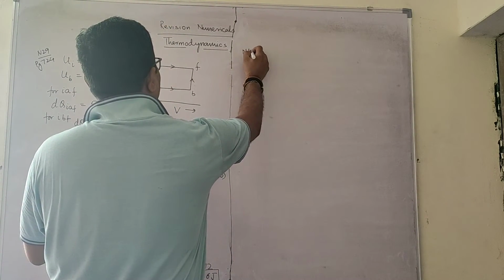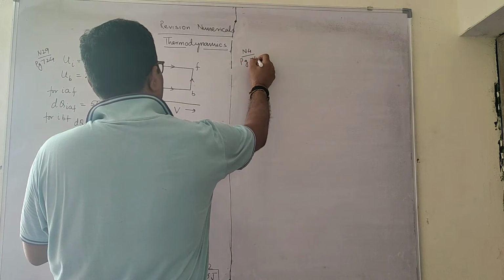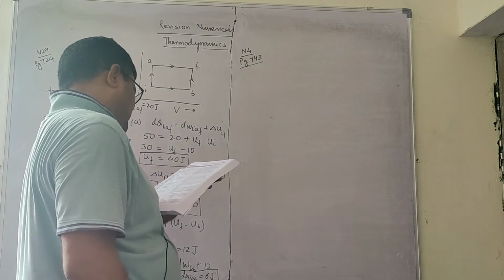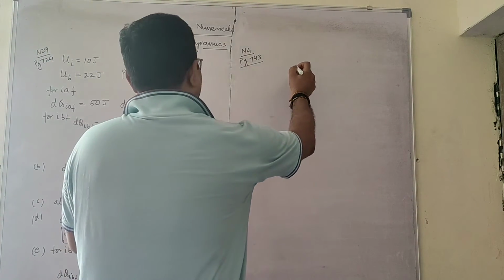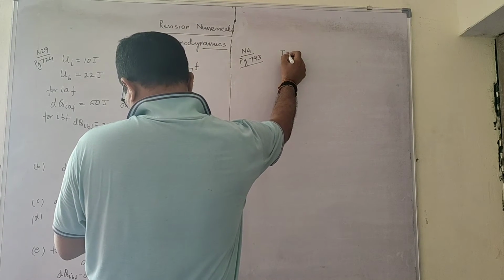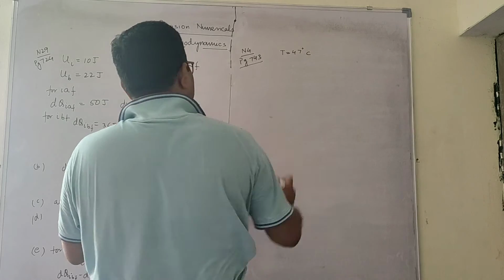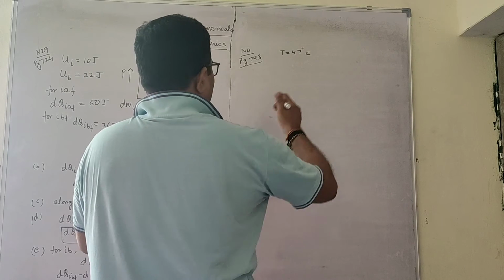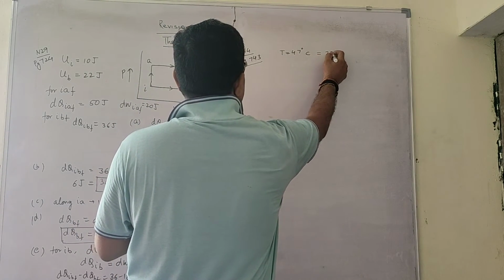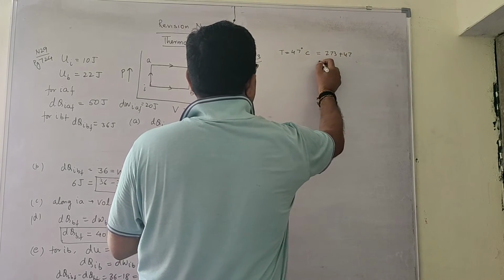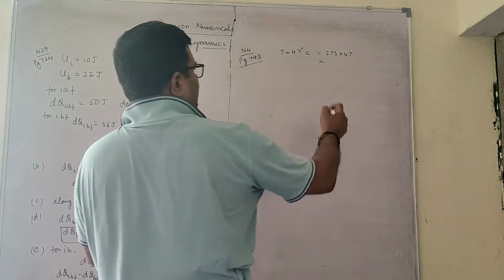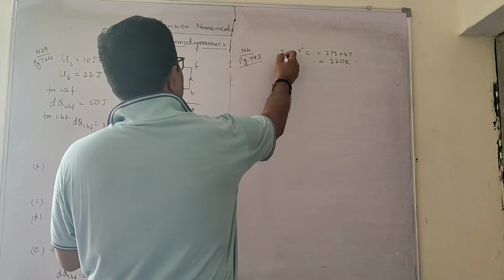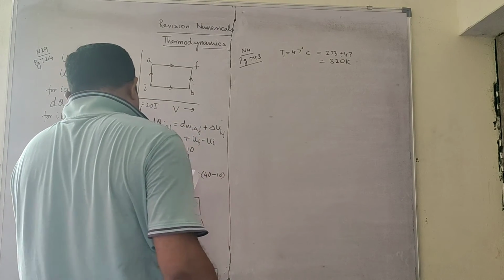Numerical number 4 on page 743. This is from thermodynamical processes. Initial temperature of a gas is 47 degrees Celsius. You can convert this: 273 plus 47, that is 320 Kelvin. This is initial temperature T1. Its pressure is increased to 8 times.